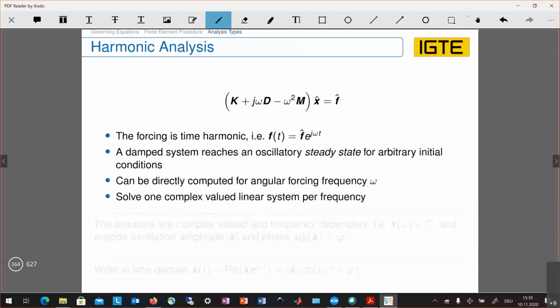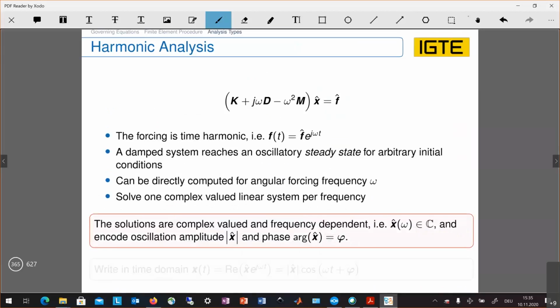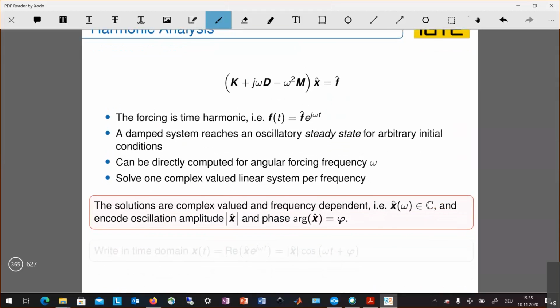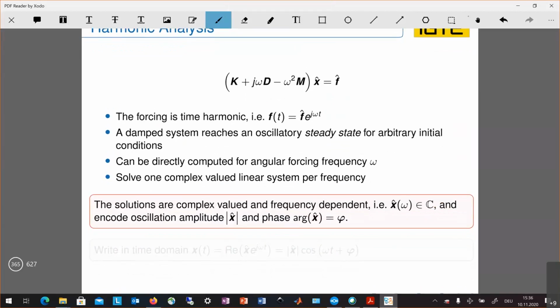And the results are then as follows, that we have more or less the oscillation amplitude and the phase phi, which is now also written in bold because we clearly will have different phase angles for the mechanical displacement at the different locations.